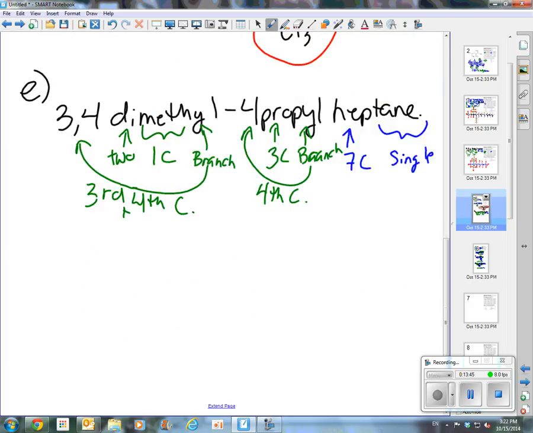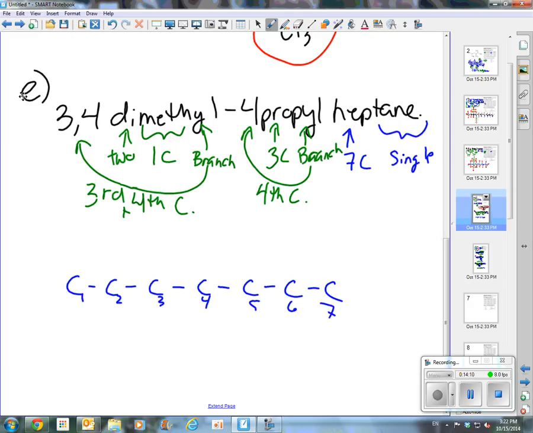All right, so I'm going to start out by drawing my parent chain of 7 carbons single bonded. 1, 2, 3, 4, 5, 6, 7, they're all there. I could number these off just to help me out. Now I'm going to put in my branches.